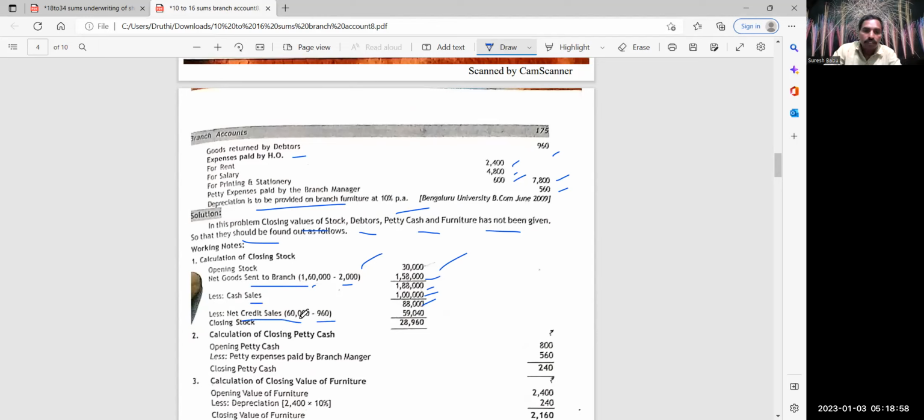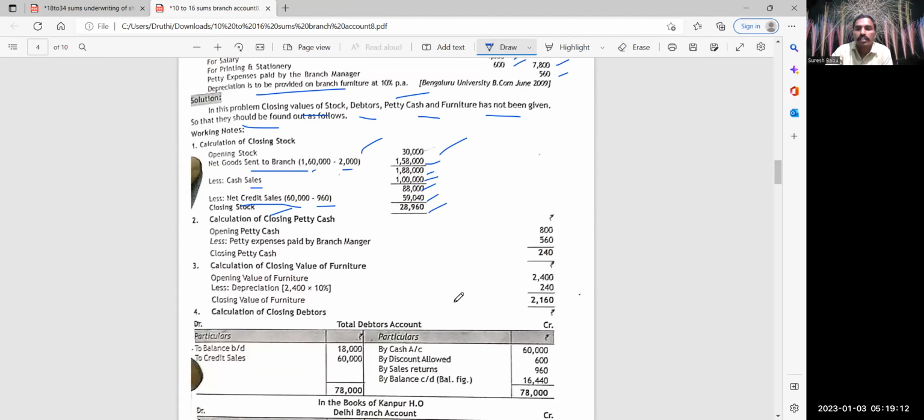Why 60,000? These goods were sold to debtors on credit and 960 rupees worth of goods they returned. So now you get 59,040. So closing stock is 28,960. Please revise once again, then only you will understand.